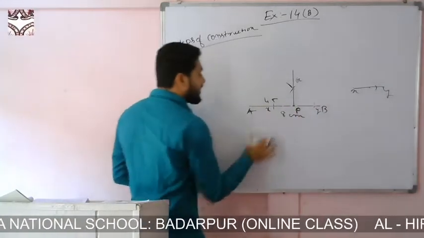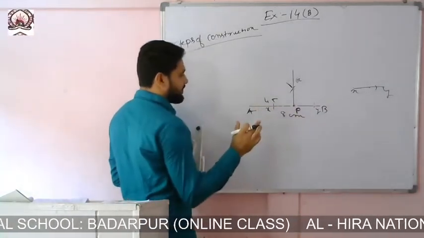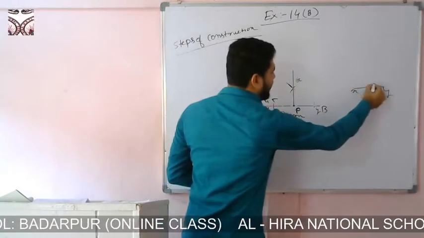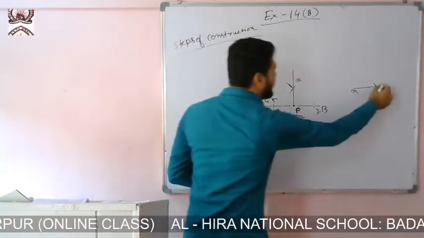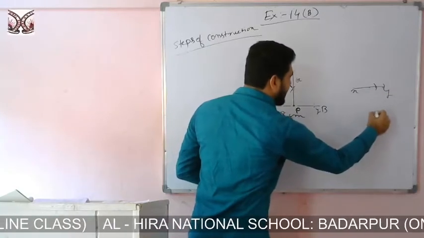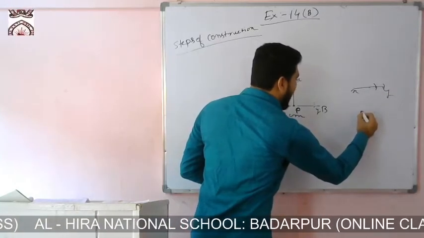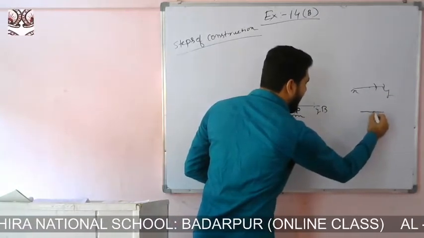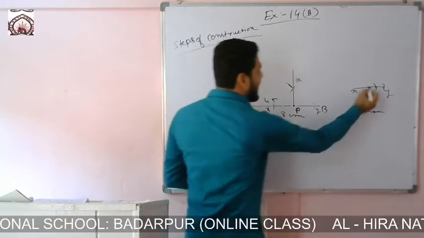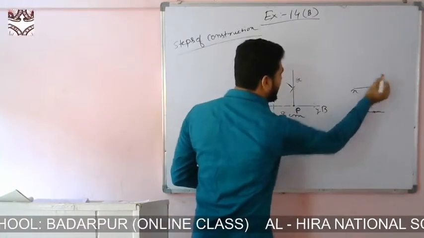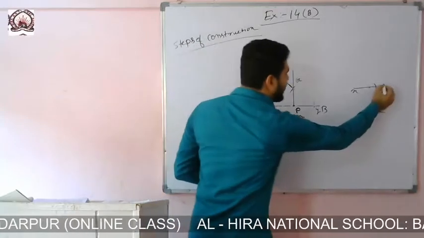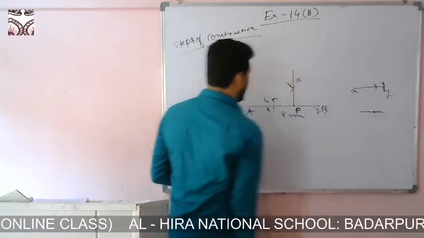If you take the full distance, it will be wrong. The distance should cross the half portion. After the half portion you can take anywhere, but don't touch the last portion.